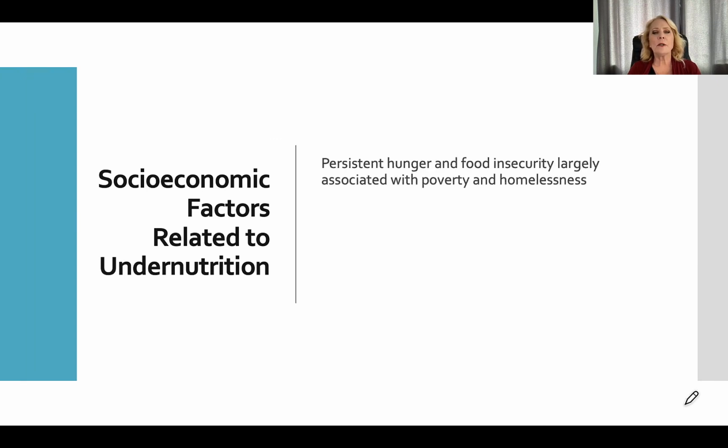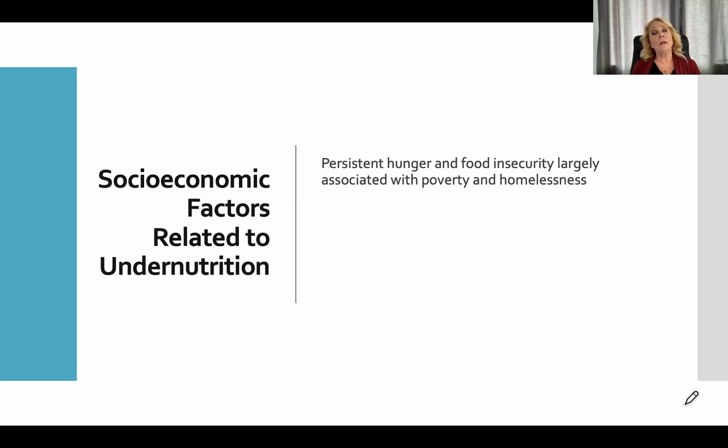So some of the socioeconomic factors related to undernutrition: persistent hunger and food insecurity. Again, this is mainly in households stricken with poverty and a lot of homelessness. You're typically not going to see a household that's well off that has nutrient deficiencies. What you will see is the malnutrition problem of overnutrition.